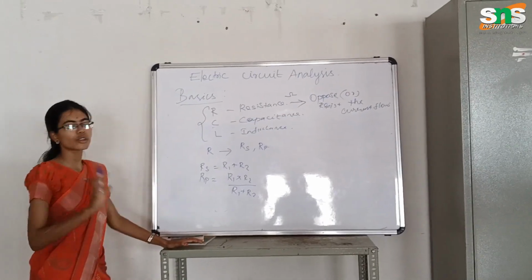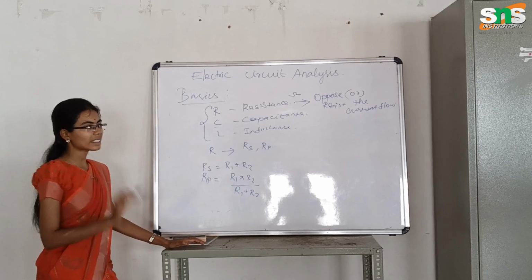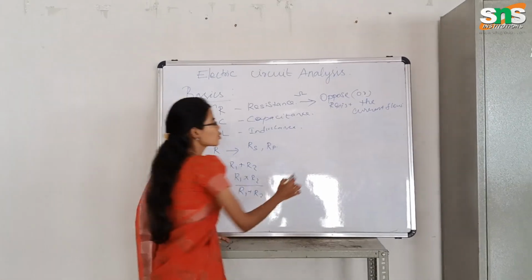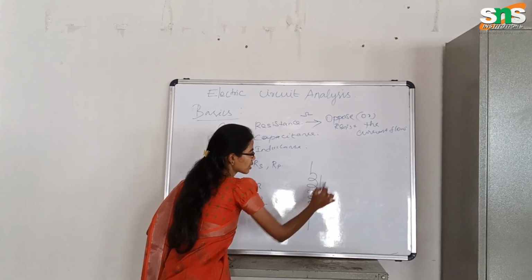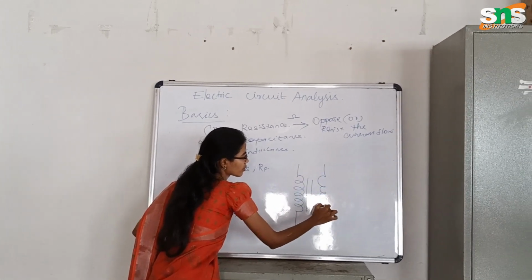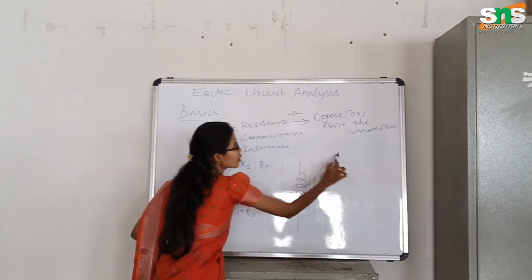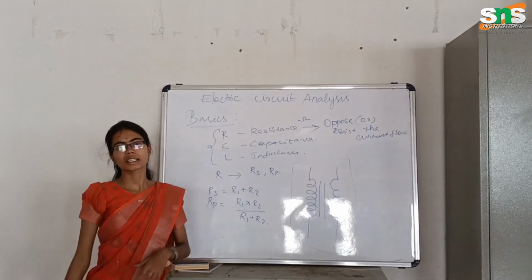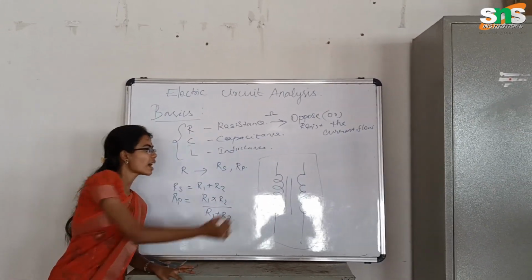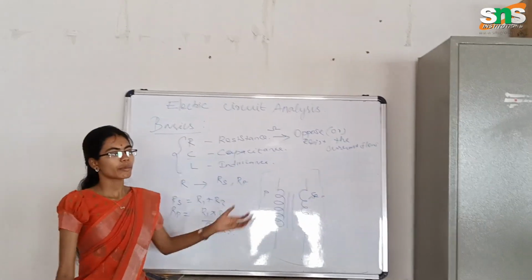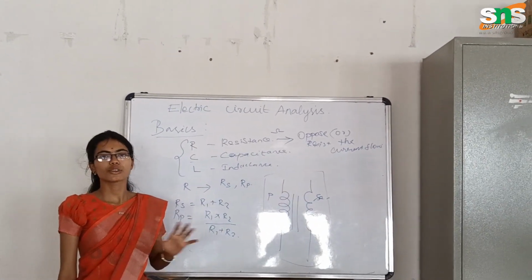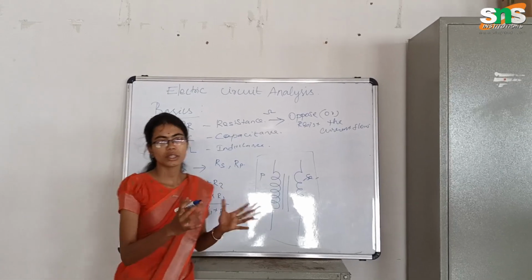Capacitance we use to store. What is inductance used for? If you have a coil winding, this circuit is known as a mutual inductance circuit. Here we have a primary side and a secondary side, which we use in a transformer circuit.